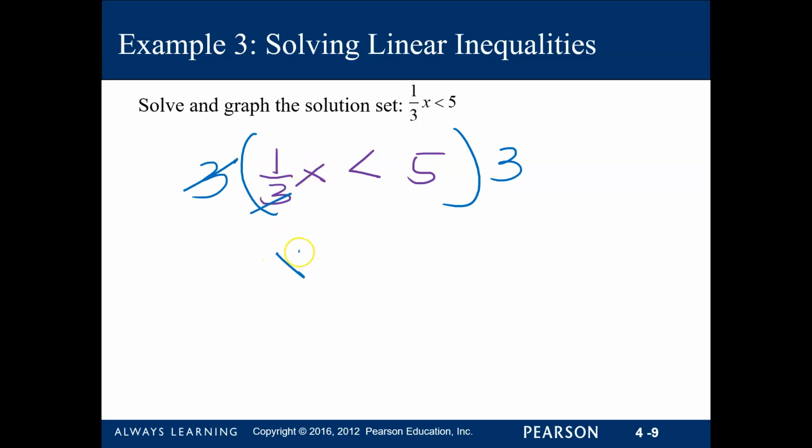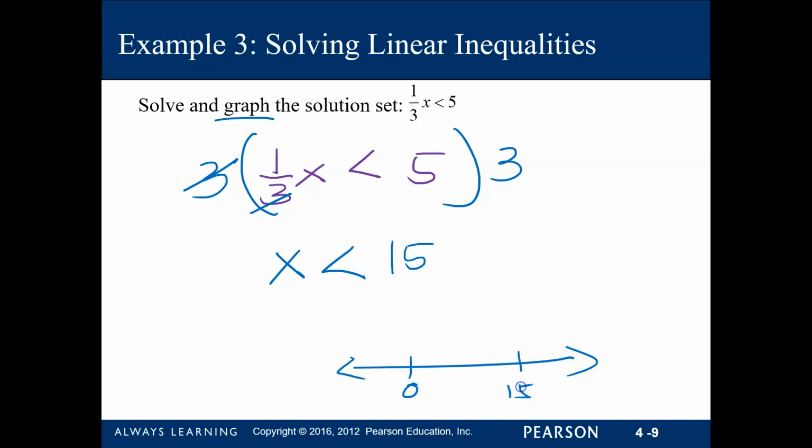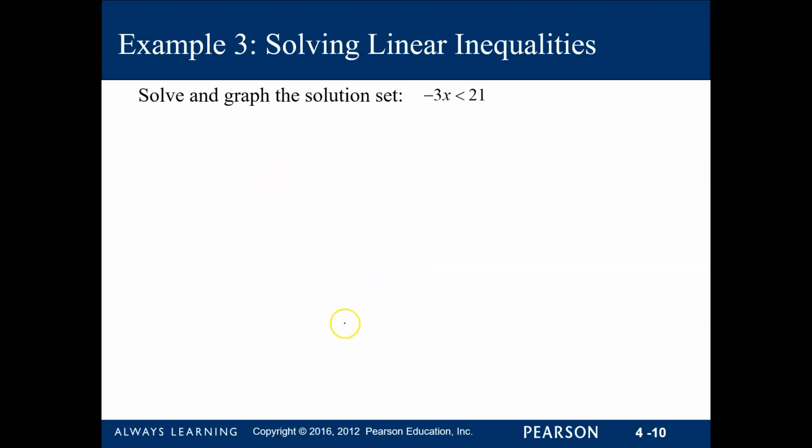So now we just have x is less than 5 times 3, which is 15. And again, because it said graph, you will have 0, and then 15 is here. 15 will have a hollow dot or an open dot. And you can see that the less than is pointing to the left. So it's going to be like this.